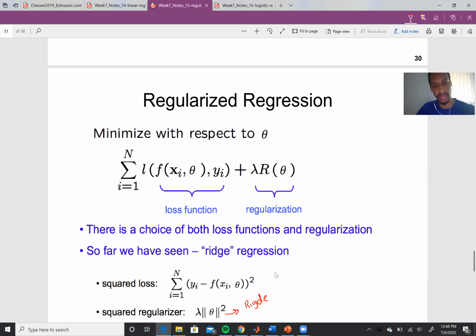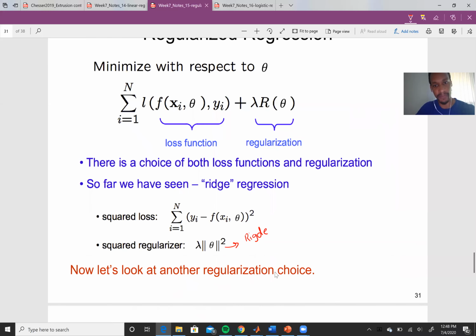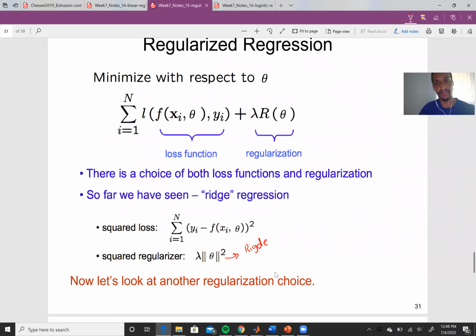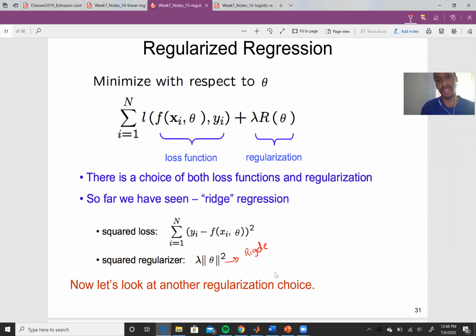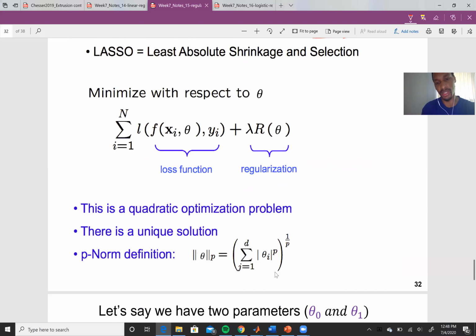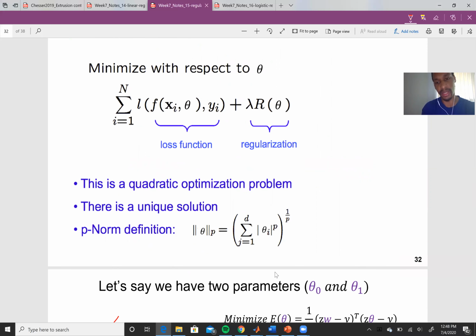And this is kind of a review of that. So now let's look at another regularization choice. Before, the regularization term was set equal to the 2 norm of theta. But what if we set it equal to the 1 norm of theta, which is just given by the absolute value of theta?